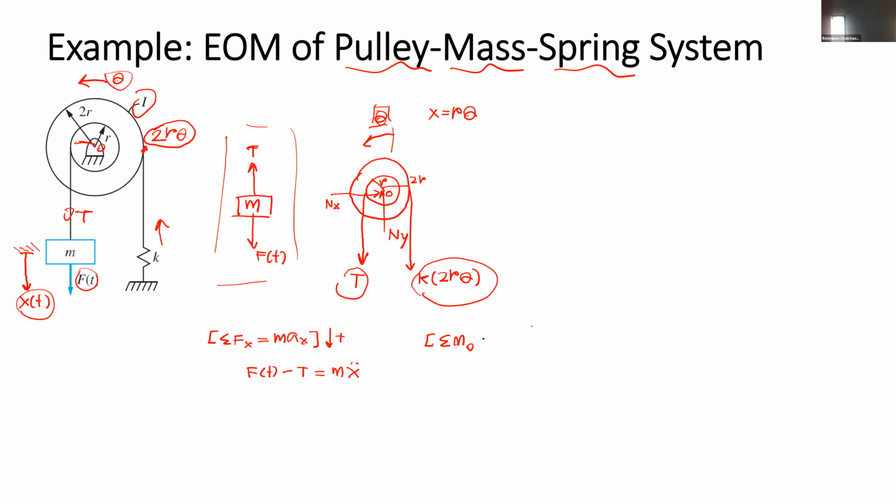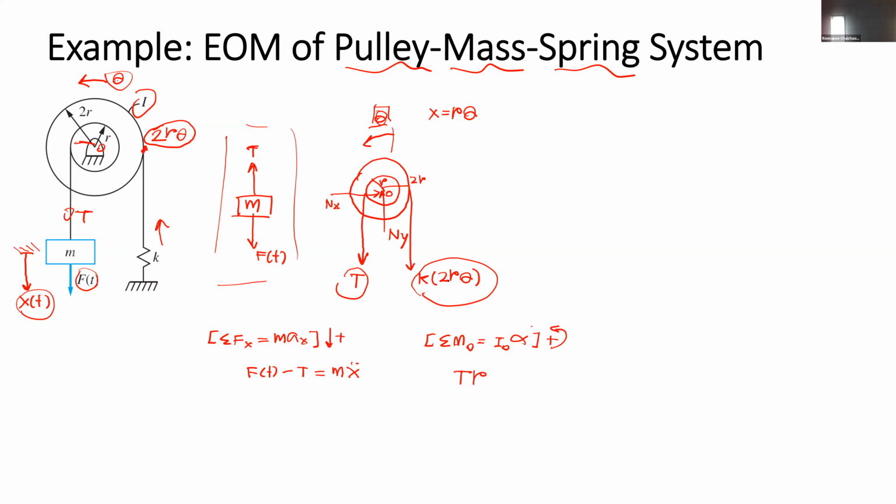Summation of M around point O is equal to I_O alpha, and counterclockwise is positive. For the summation of the moments, we have the force T at the radius r in the counterclockwise direction, so T r is positive.